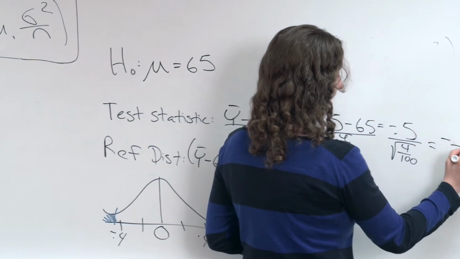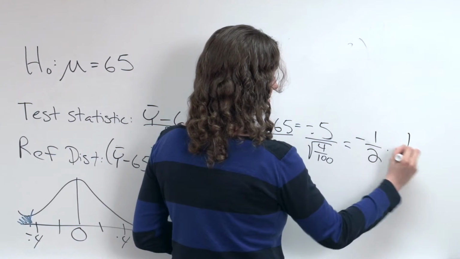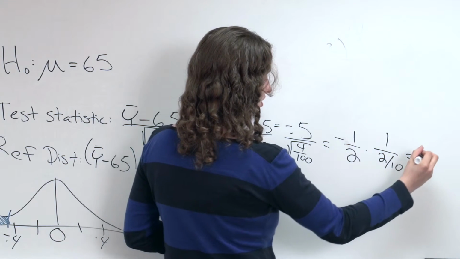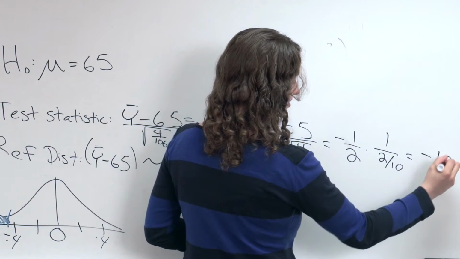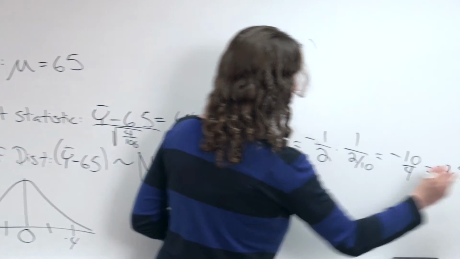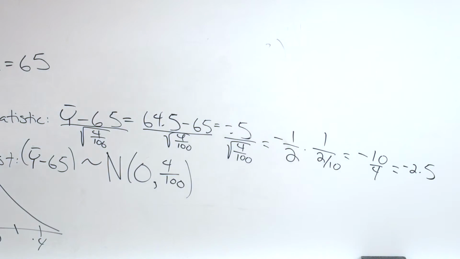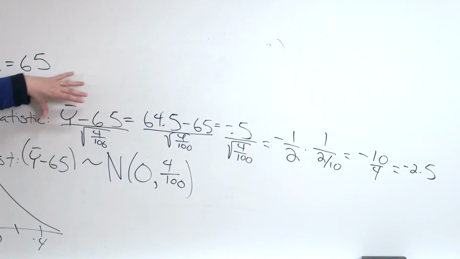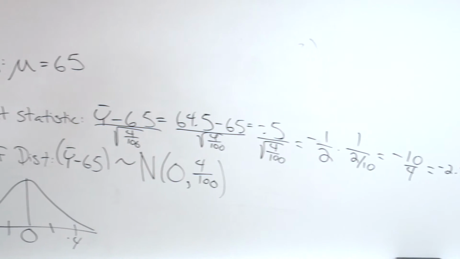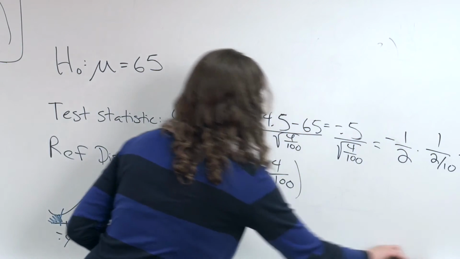Well, we've got negative a half times 1 over 2 over 10, which is the same as negative 10 over 4, which is equal to negative 2.5. Okay. How did I get that negative 2.5? I took y bar, subtracted the population mean, and divided by the square root of the population variance. OK, so that's my new test statistic.